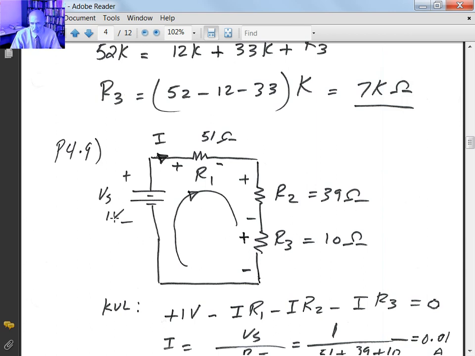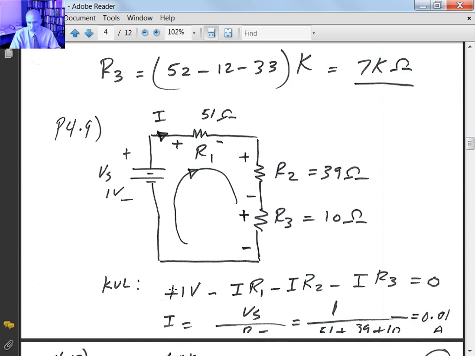You're going to take the total voltage, which is 1 volt, divided by the total resistance combined, or if you want to use Kirchhoff's voltage law, starting from this corner, minus plus, that gives you 1 volt positive, and everything else would be plus minus, plus minus, plus minus, which would be a negative potential drop.